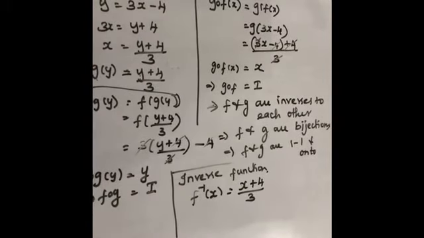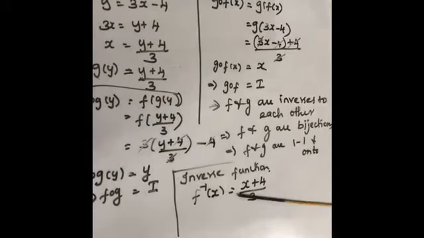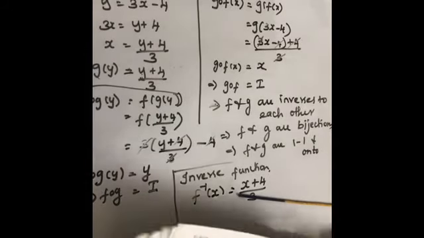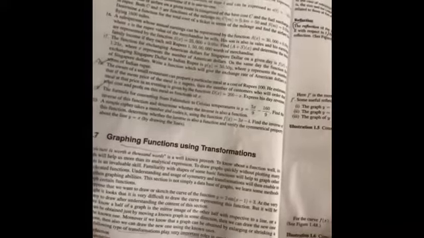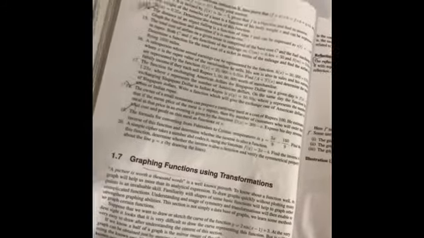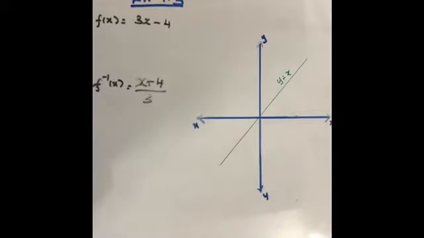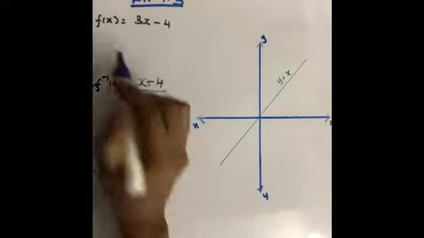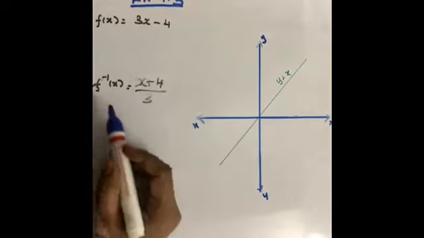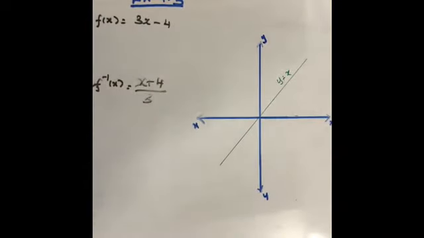Now, we are coming to the end part of the question. We have to verify the symmetrical property about the line y is equal to x by drawing the lines. So, f of x is equal to 3x minus 4 and f inverse of x is equal to x plus 4 divided by 3.